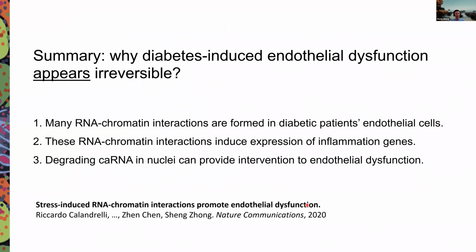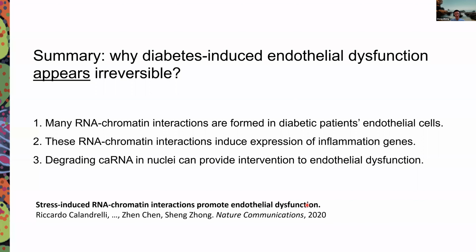To summarize, we now feel that one of the reasons contributing to the diabetes-induced endothelial dysfunction that appears to be irreversible is that we didn't know there are many new RNA-chromatin interactions formed in the diabetic patient's endothelial cells.